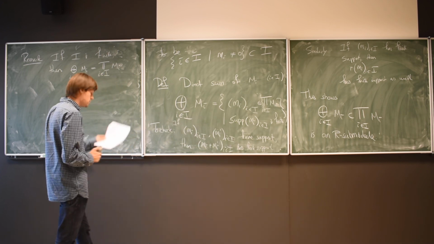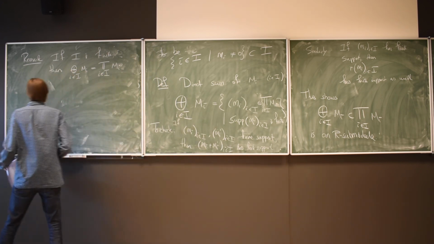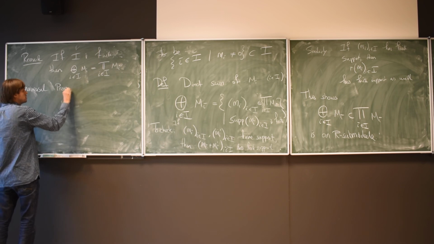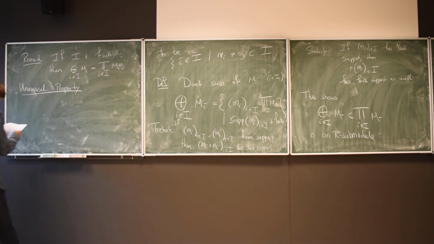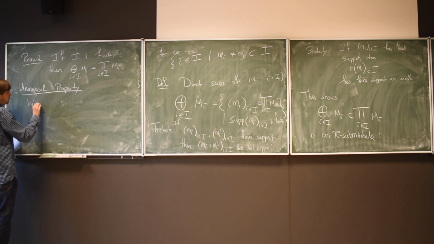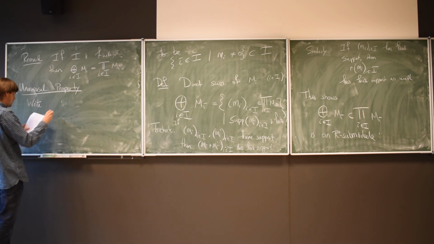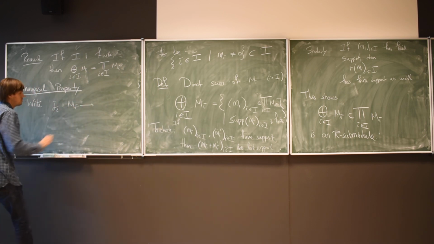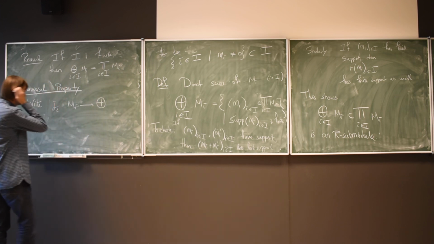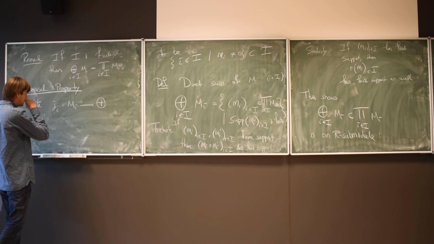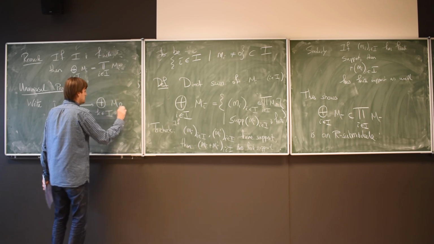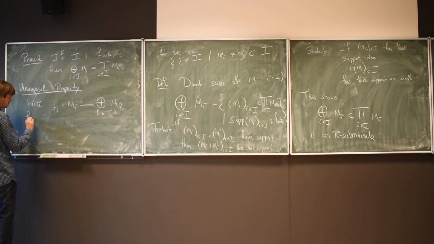So I guess I'll end with a universal property. So let's write ji goes from Mi to the direct sum over k in I, for the natural inclusion.